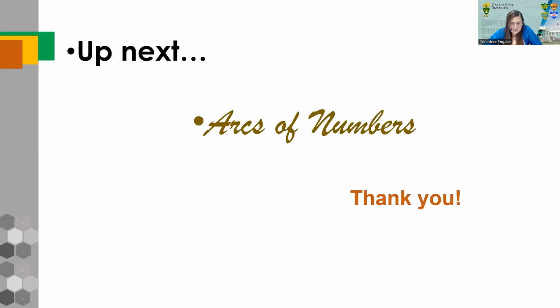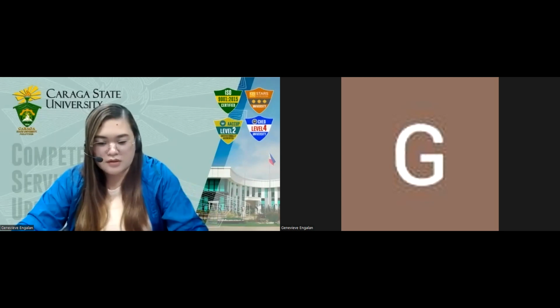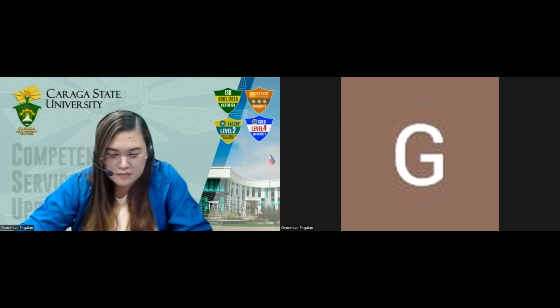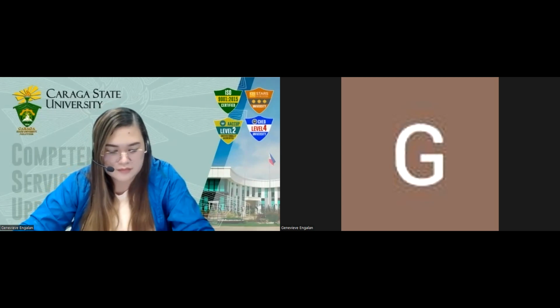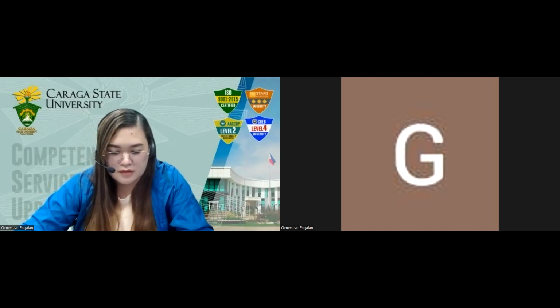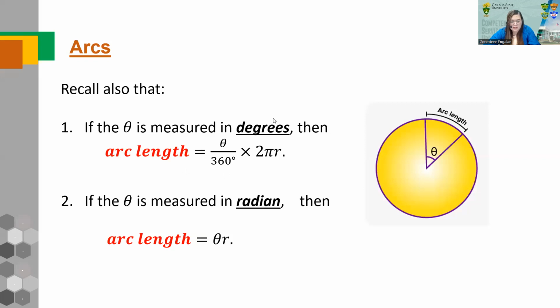Okay, so next is arcs of real numbers. Recall that our arc length is equal to the angle divided by 360 times 2 pi r, if our angle is measured in degrees.